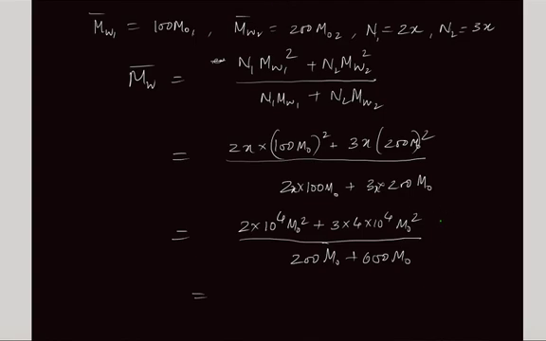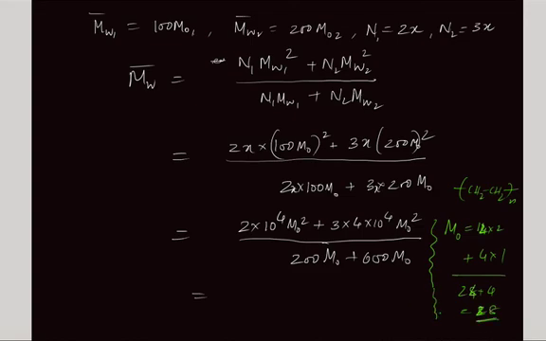One important piece of information we need to know is that M0 for polythene, which is CH2 n times, the monomer's molar mass would be 12 into 2 plus 4 into 1, so 24 plus 4, which makes it 28.